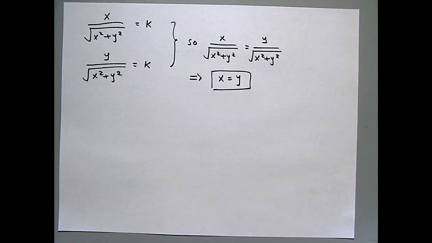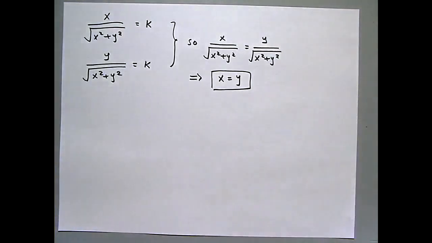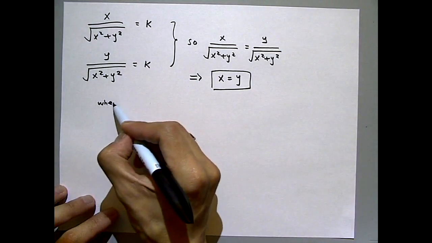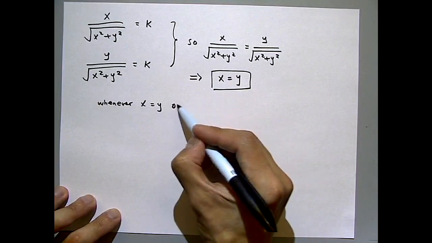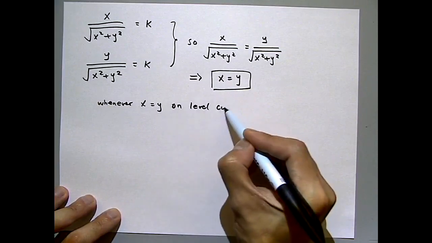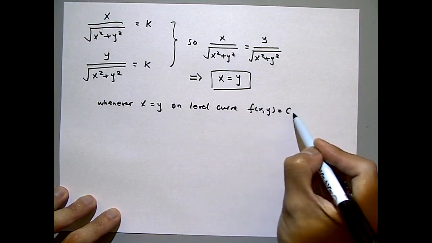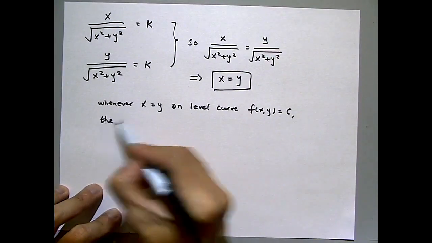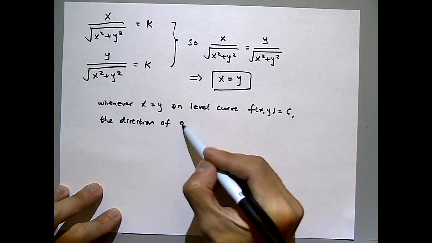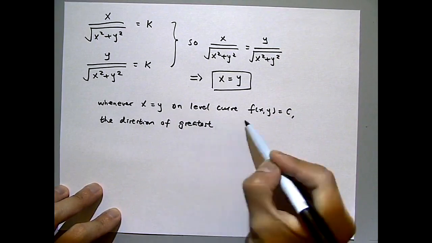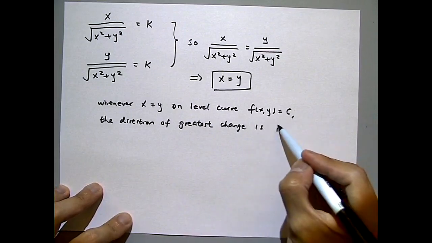So what this is telling you is that whenever x is equal to y on the level curve, f of x y is equal to some constant, the direction of greatest change is i plus j.